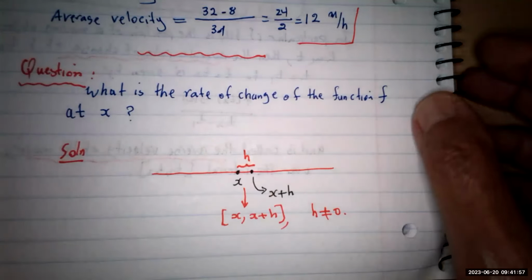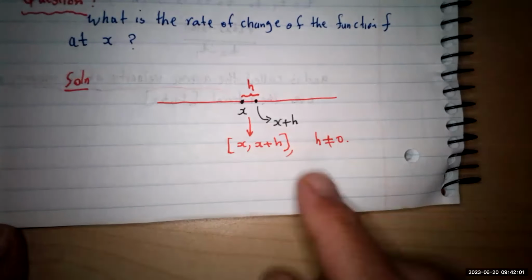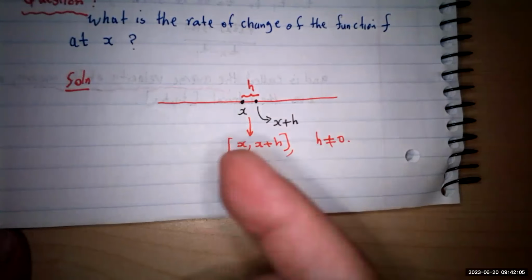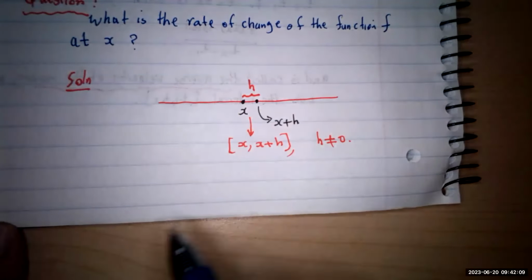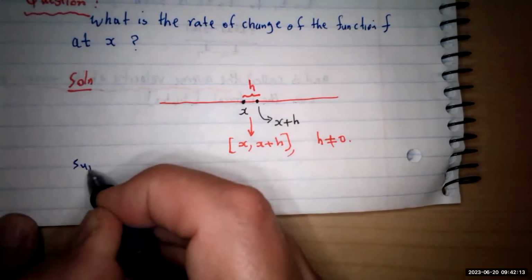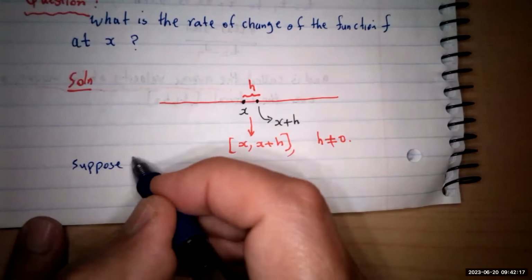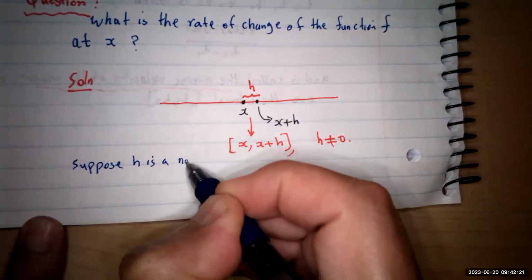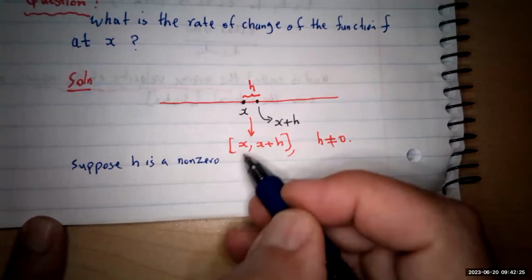As soon as I do this, I have an interval. Since I have an interval, this is X1, this is X2, I can talk about the average rate. This is the way we do it, and this is the way it happens in everyday life. So we are going to suppose H is a non-zero number, an estimate.